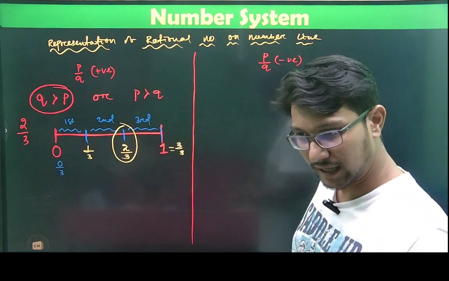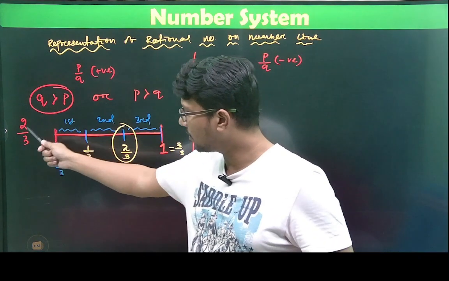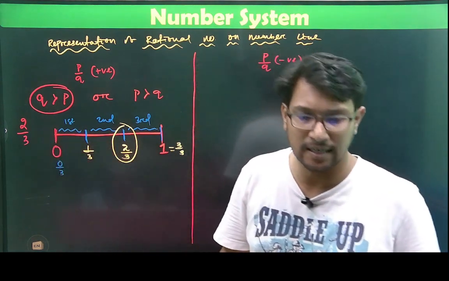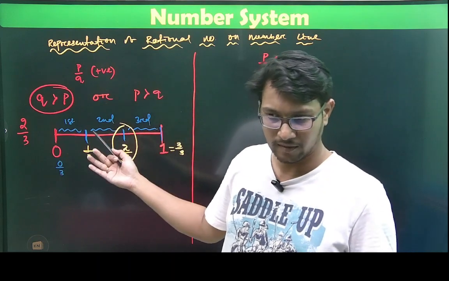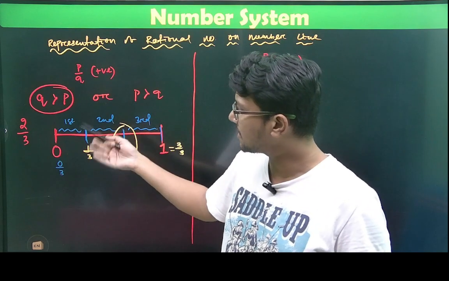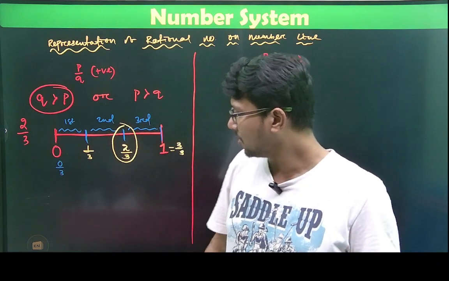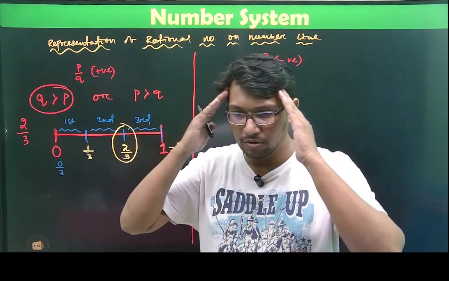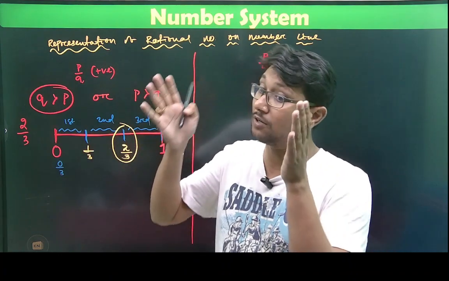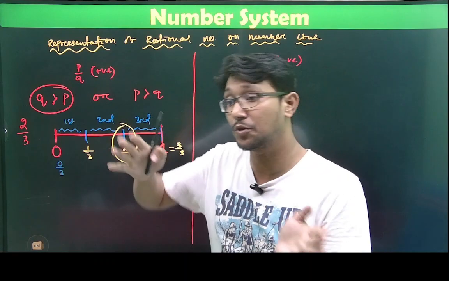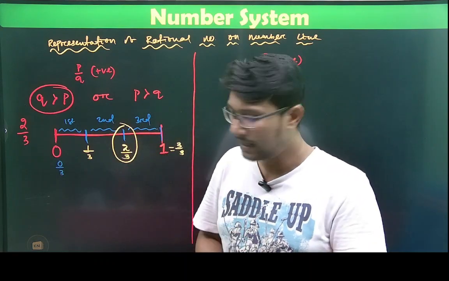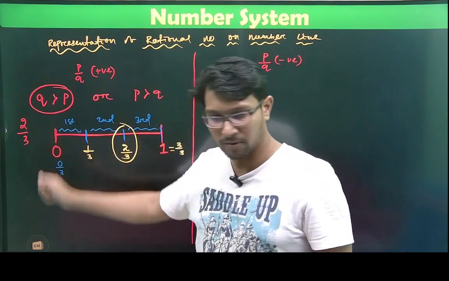Done? Okay. So whenever this type of question comes, when Q is greater and P is smaller, it is basically a proper fraction type. First you have to fix in your brain which interval it comes between: 0 and 1. Then check the denominator.